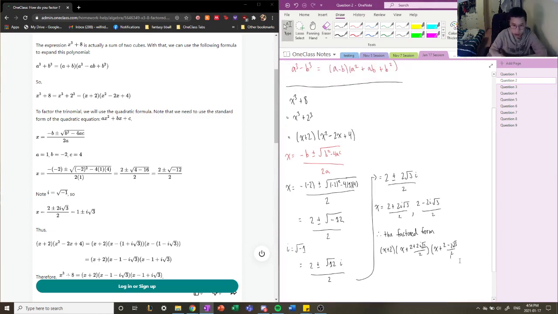Okay, right. So this is the entire factored form.